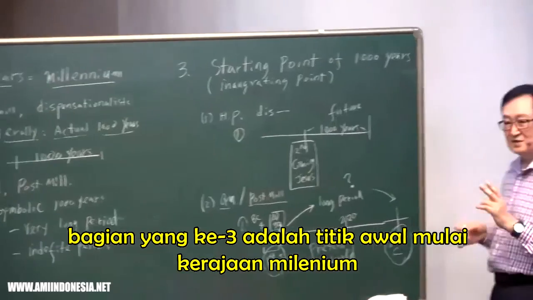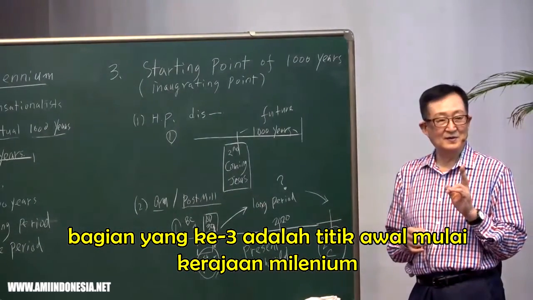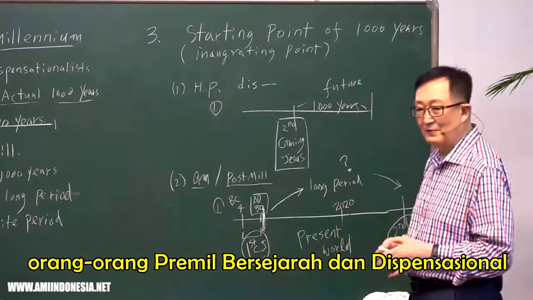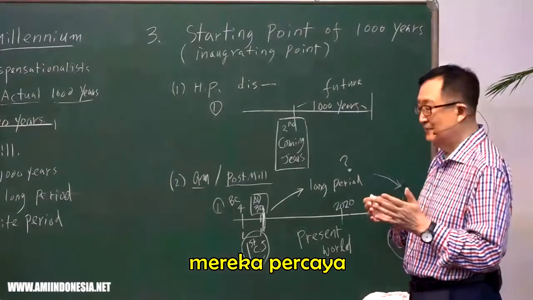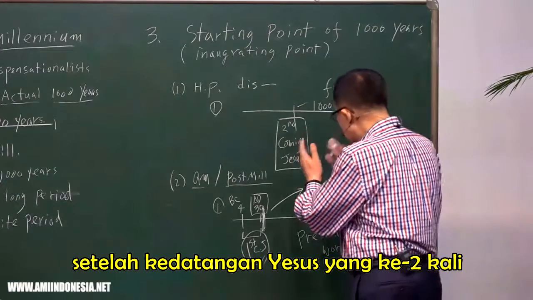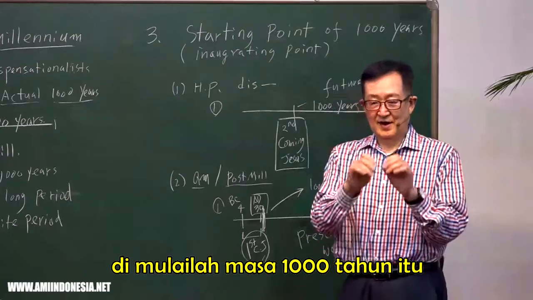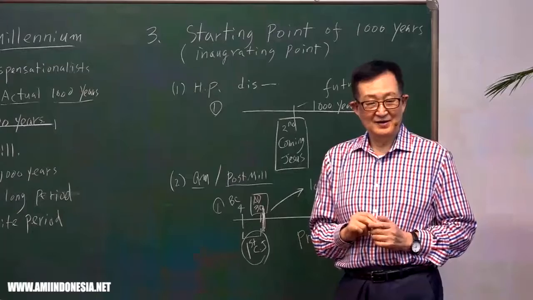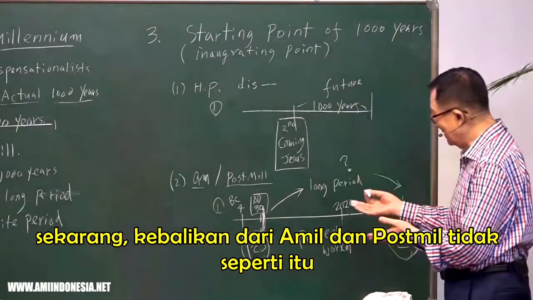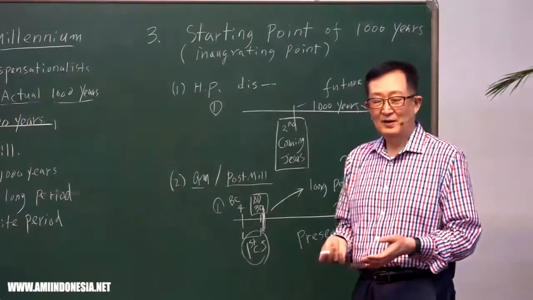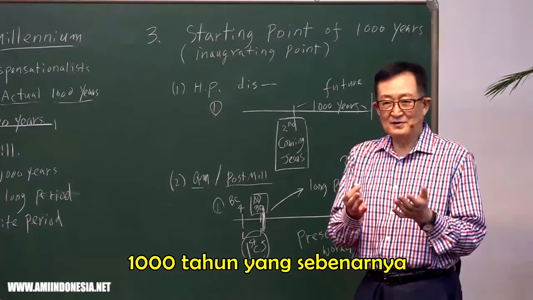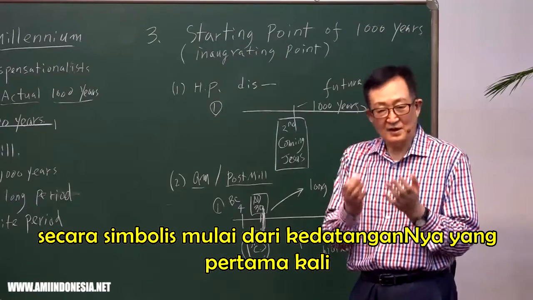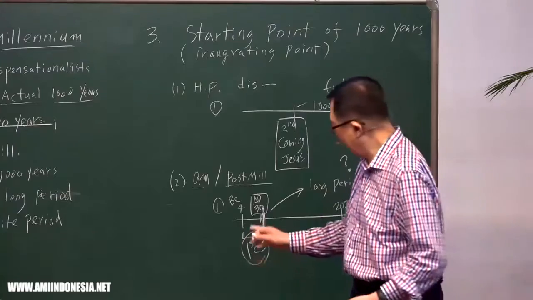The third part here, the starting point of the millennium kingdom, is different. You see, historical and dispensational people believe that after the second coming of Jesus, actual 1,000 years will take place. Now, as opposed to amillennial and postmillennial, no. Symbolic 1,000 years had started at the moment of his first coming, right here.